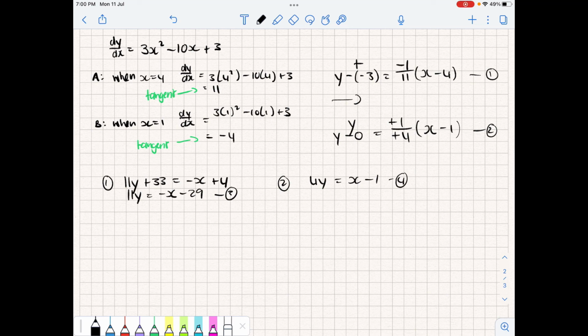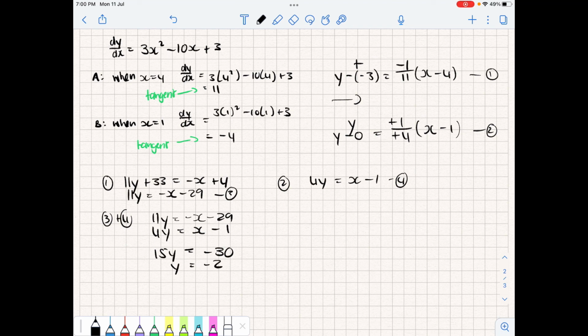I can just add these two equations together and the x's will go away. So I'll take equation 3 and add equation 4. So in other words, 11y equal to minus x minus 29 plus 4y equal to x minus 1. So I can add the two equations together, and that's going to give me 15y equal to minus 30. So y must be equal to minus 2.